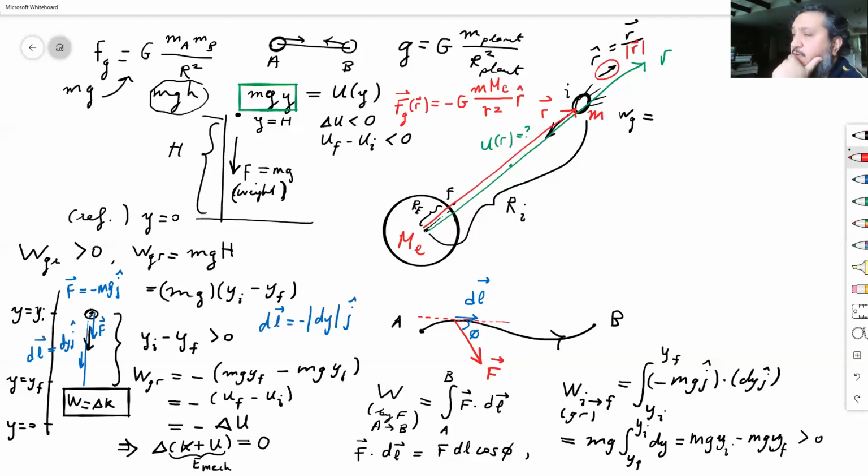Okay, so the work done by gravity while the comet is going from here all the way to the surface of the Earth will be this integral then.